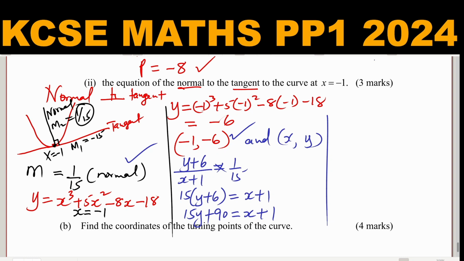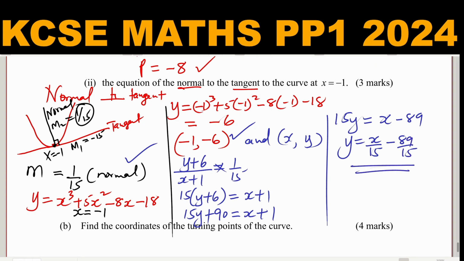I want to leave it in the form y equals mx plus c. So 15y is equal to x minus 89. So y is equal to x over 15 minus 89 over 15. That is the equation of the normal in the form y equals mx plus c.